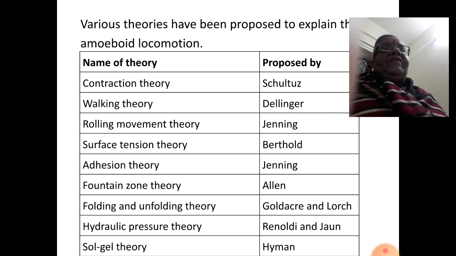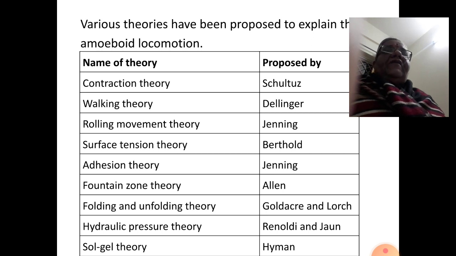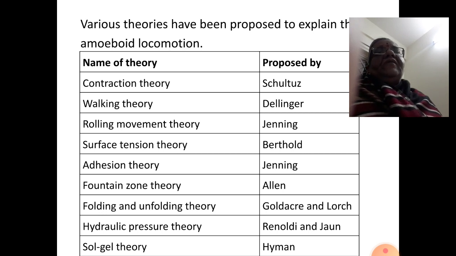Now, various theories have been explained to date for giving a convincing explanation for amoeboid locomotion. Around 9 to 10 theories have been proposed. But of all these, the most convincing theory which explains the amoeboid locomotion happens to be sol gel theory proposed by Hyman.